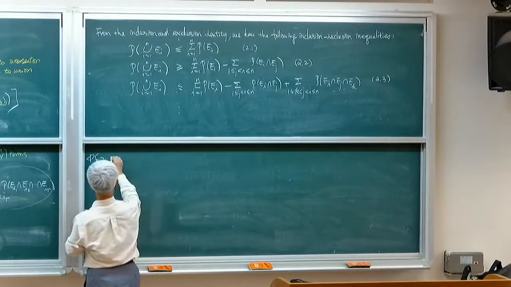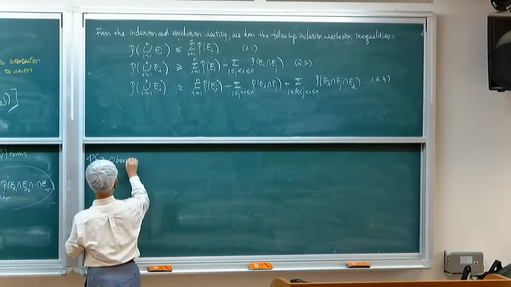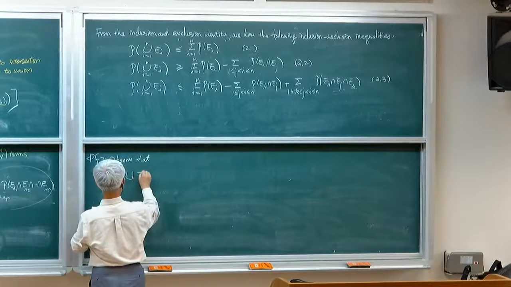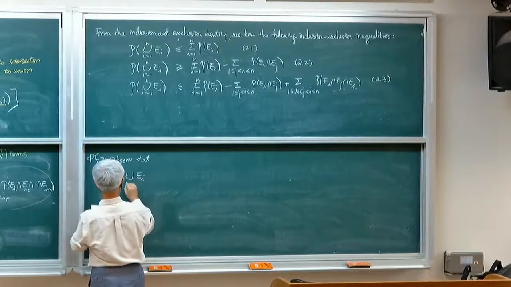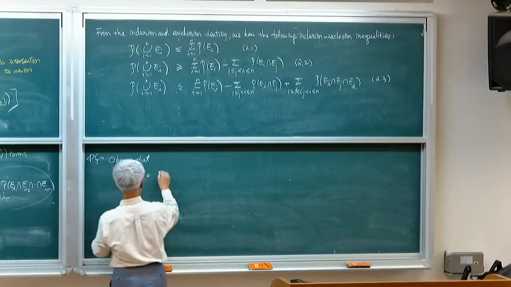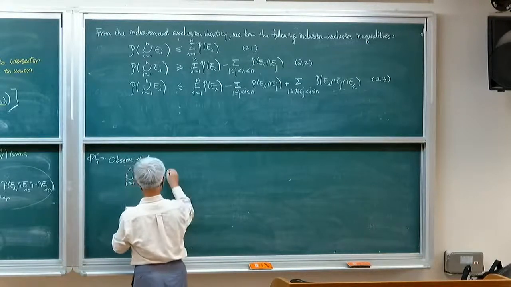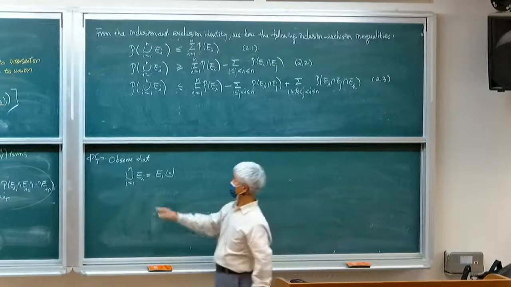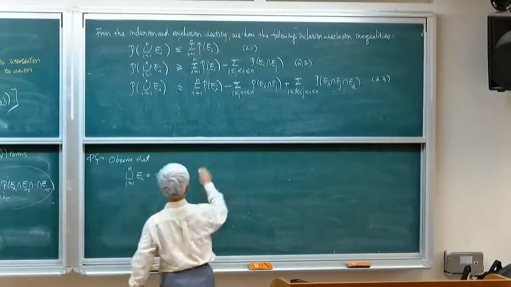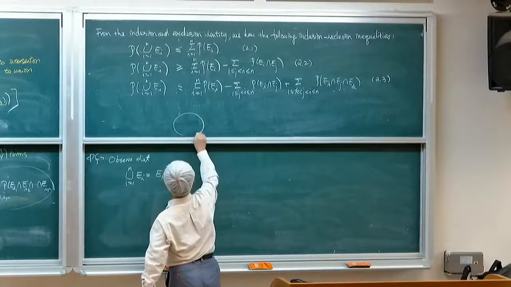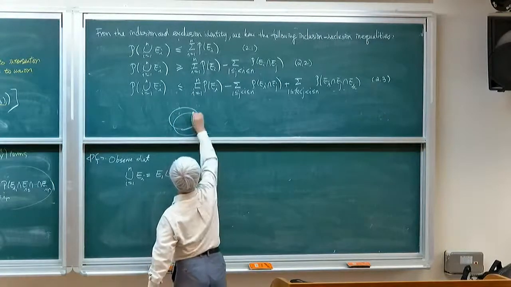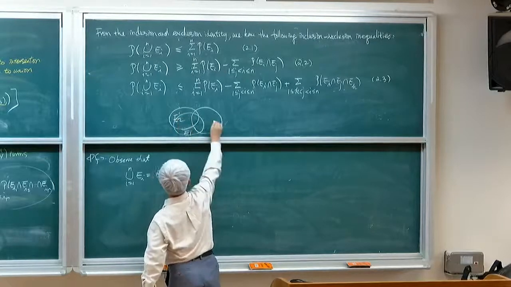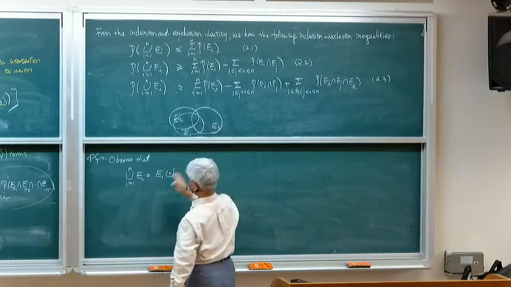All right, so we observe that the union of Ei, from 1 to n, is equal to E1 and the disjoint union. Suppose this is E1, E2, E3, etc. Okay, so let's see.